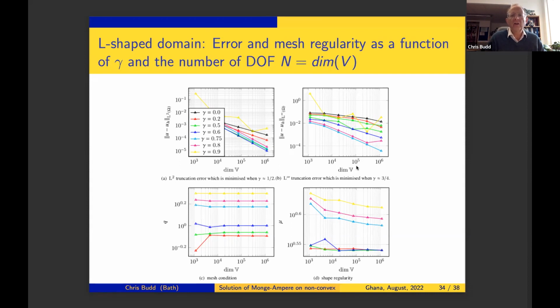And also you do very much get the highest speed when the monitor function accurately reflects the error. The bottom two pictures show how the skewness, and mu, another measure of mesh regularity called the shape regularity, vary with dimension, and you can see they're dead constant as predicted by the theory.